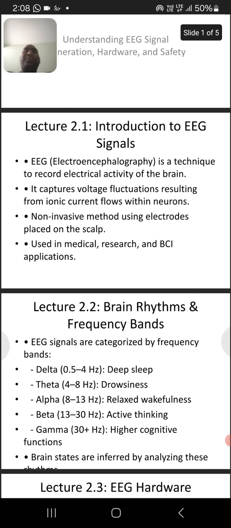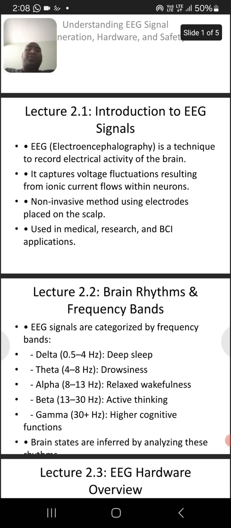So that electrical activity is generating electrical signals. They may have different frequencies, very low frequencies, and it captures voltage fluctuations resulting from ionic current flows within the neurons. So we know that the brain consists of different neurons, and the impulses of different neurons generate electricity or current.